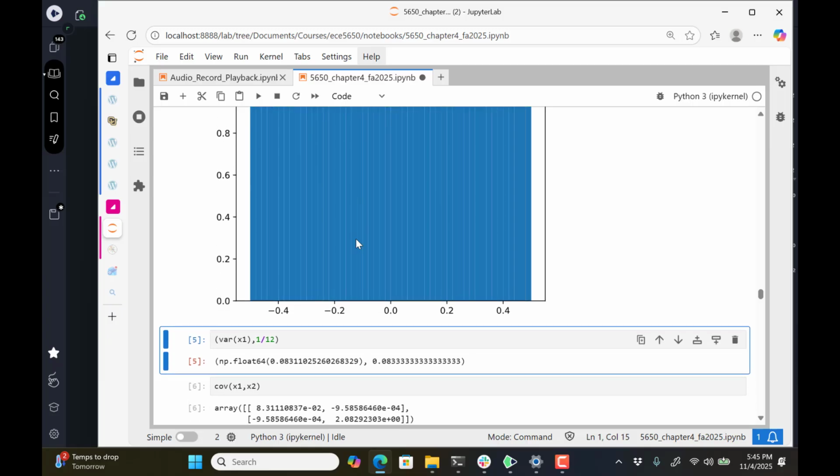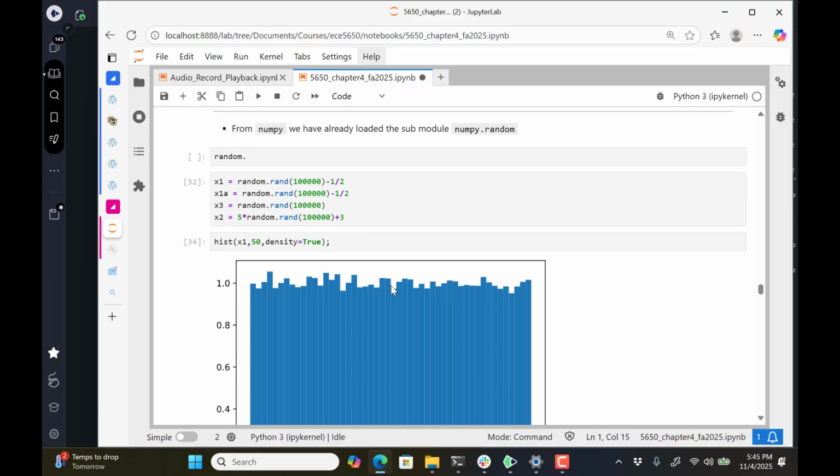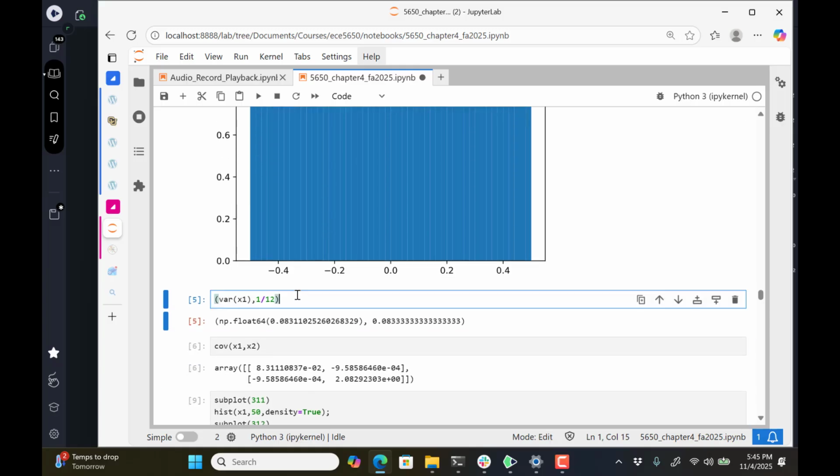What do I know about uniformly distributed random numbers? We know that the mean is the center of the uniform distribution, right? So for this plot here, it would be 0. For the others, it would just be the center. And the other thing that I know from undergraduate probability and stats is that the variance of a uniform random number is always the width of the distribution squared divided by 12.